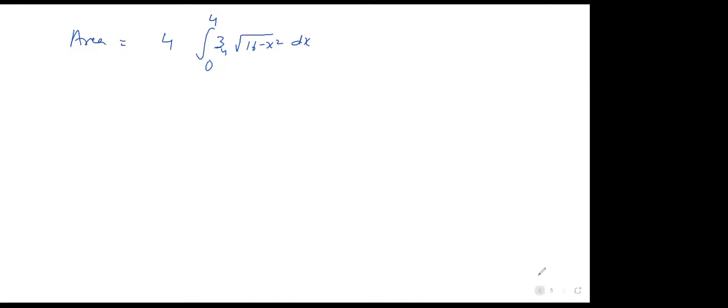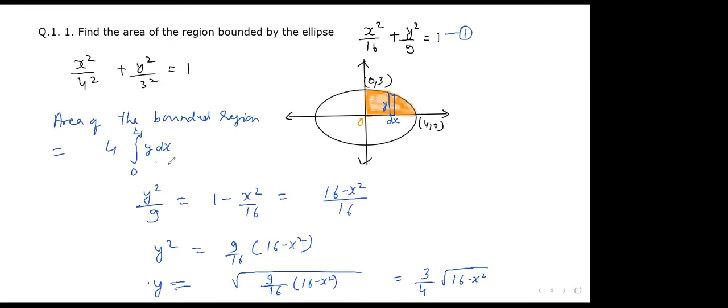It should be noted that every time we will take y dx if we are taking limits on the x-axis, but we have to replace the y value in terms of x.